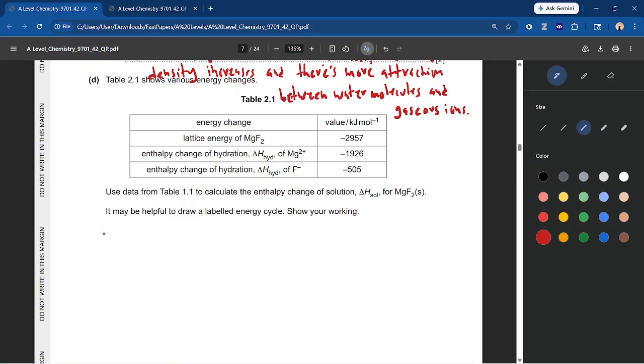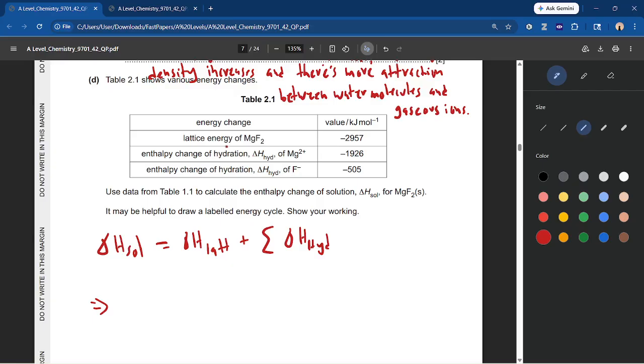That states that your del H solution is equal to the del H for lattice energy plus the summation of your del H of hydration.